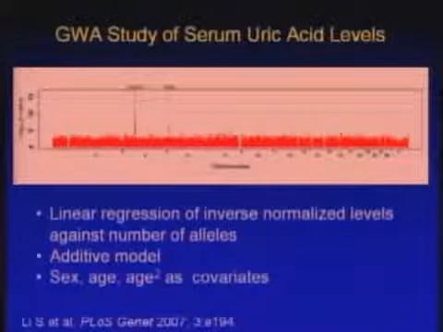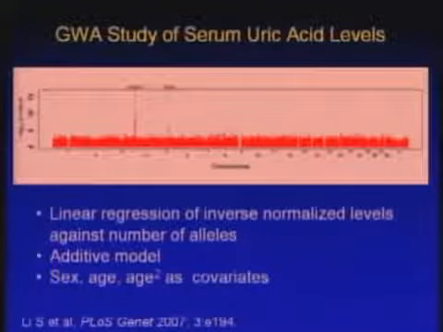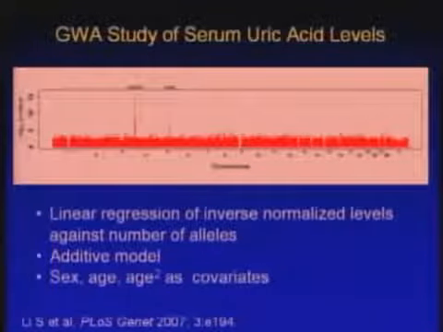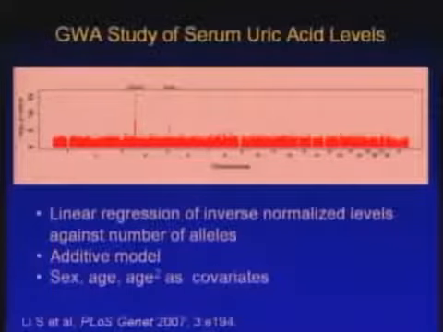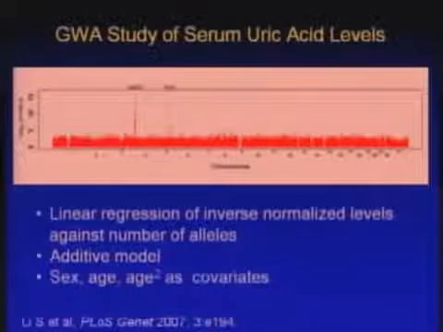And here's another one, one for a continuous trait now, serum uric acid levels. What this group did was to regress inverse normalized levels. Why it was inverse normalized was just to transform it into a normal distribution against the number of alleles. This was an additive model, so if you have one allele, you get part of the effect, and 2 alleles, you get twice the effect, and they're forced into that kind of a distribution.